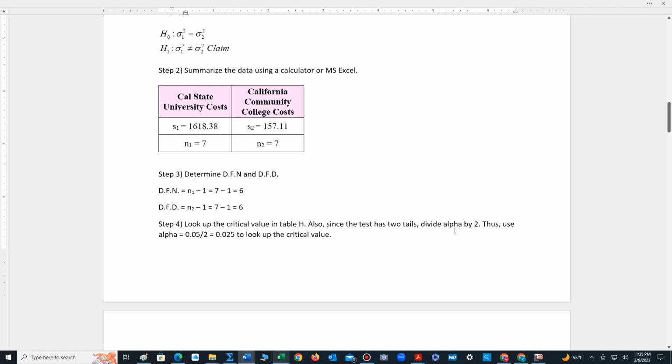So we need to divide alpha by 2 because we're only going to focus on the right tail. There's 2 tails, but we ignore the left tail. So whenever you have a 2-tailed test, you have to divide alpha by 2. That's going to give us 0.025, so we will look up the critical value using 0.025 and the 2 degrees of freedom.